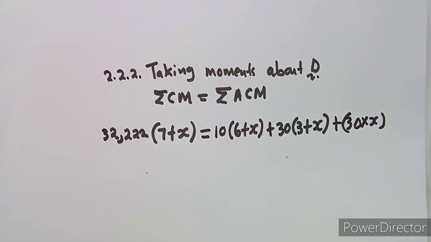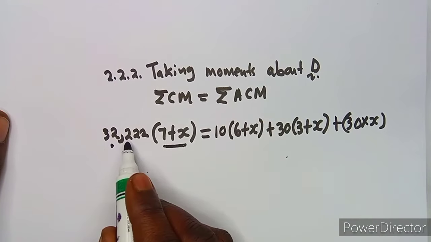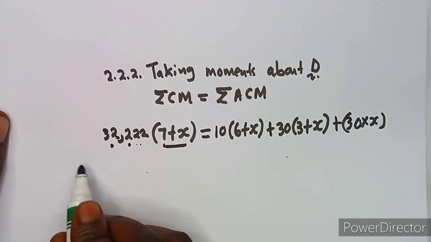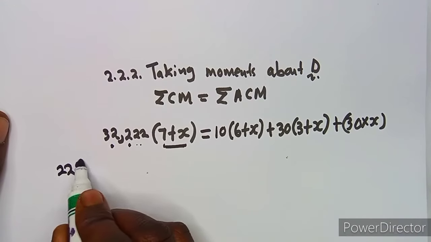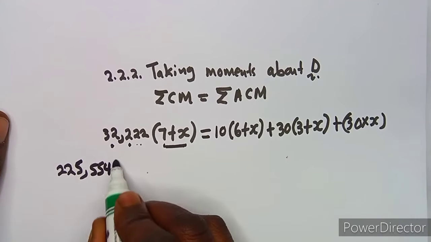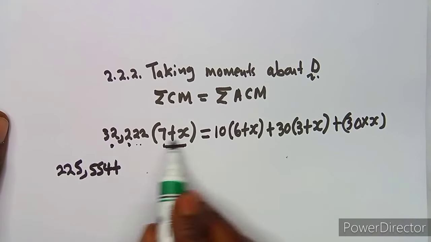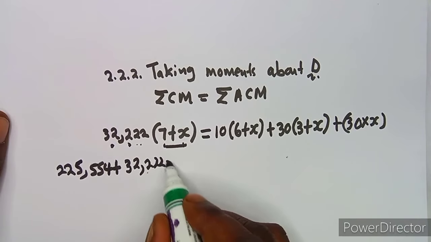So we need now to combine everything, guys, and see what you're going to do. Okay, so here you have to expand the brackets. 32,22 times 7, you're going to obtain 225,554 plus 32, times X is going to remain as it is, which is 32,222X.